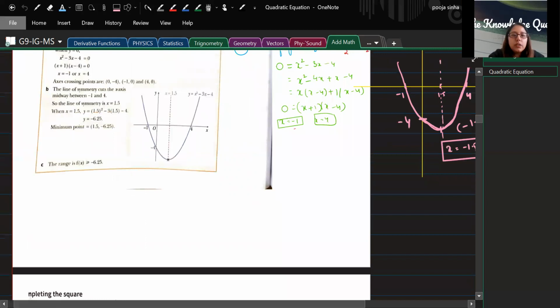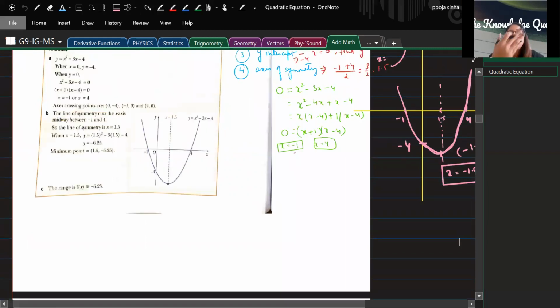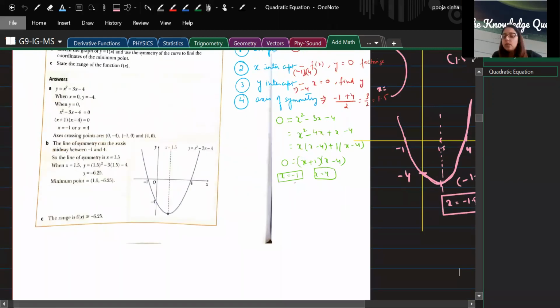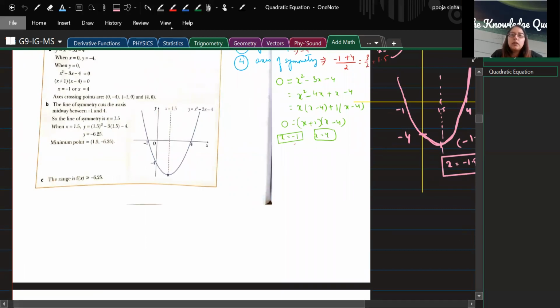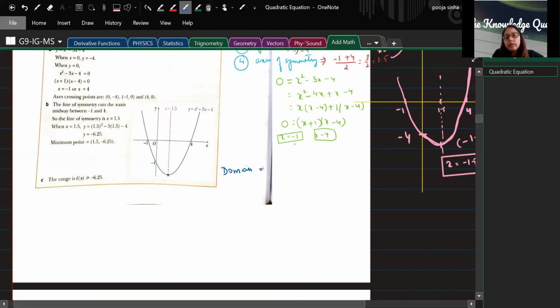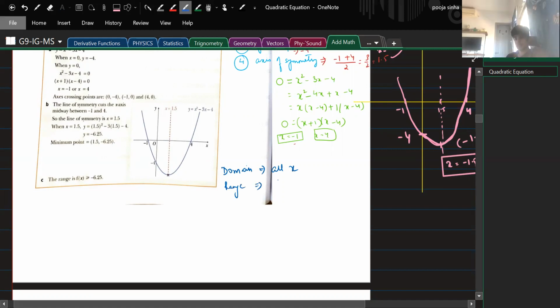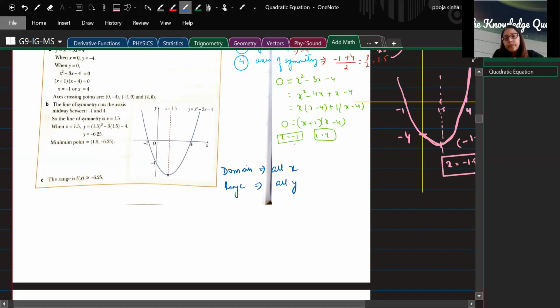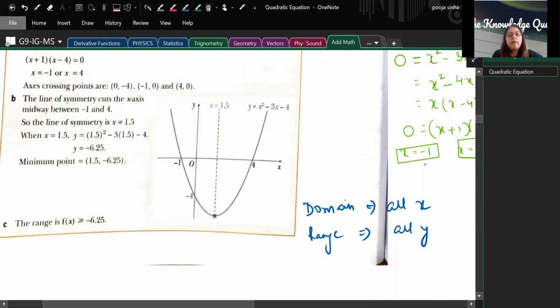Now, last question. It says find the range of this. Range is, you know what is the domain and range? Domain क्या होता है? X value. Domain is all x values, and range is all y values. अब मुझे इस ग्राफ को देख के बताओ, हमने ग्राफ जो बनाया, इस ग्राफ को देख के बताओ y वैल्यूज क्या है?